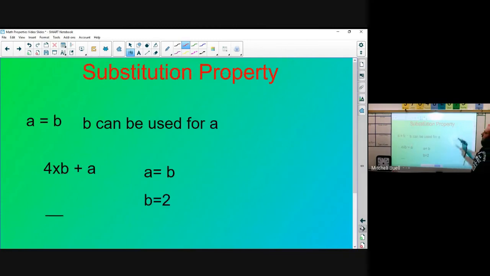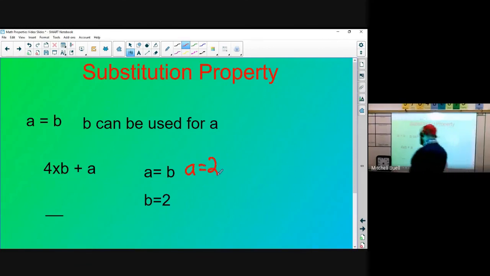And the substitution property. A is equal to B, which means that B can be used for A and vice versa. So if we take a look at our expression here, we have 4 times B plus A. We have A is equal to B and B is equal to 2. So what I would do here is I would just make a little note to myself that A is also equal to 2.